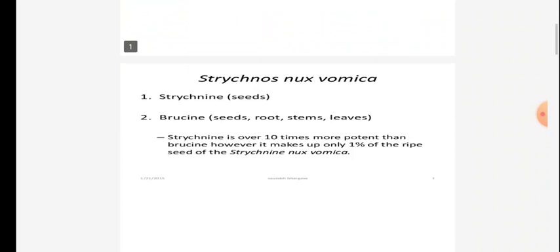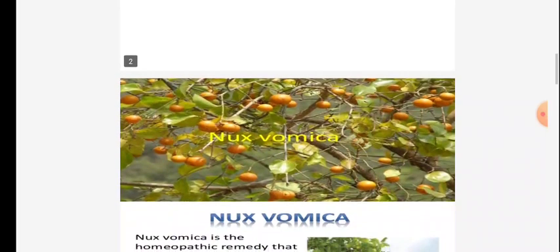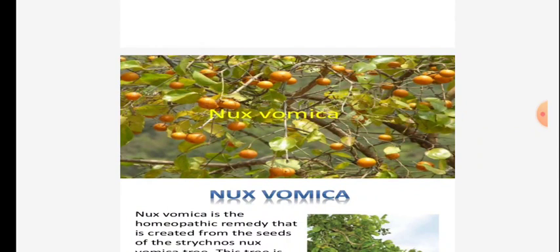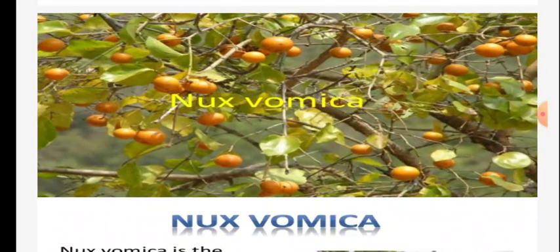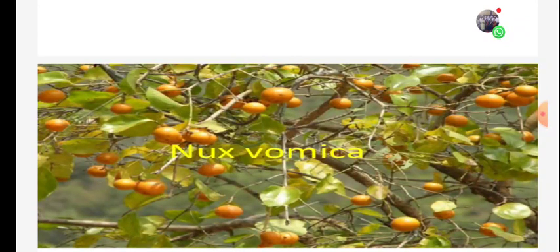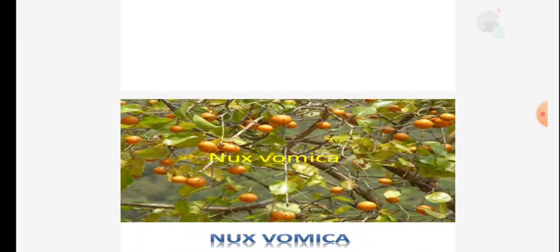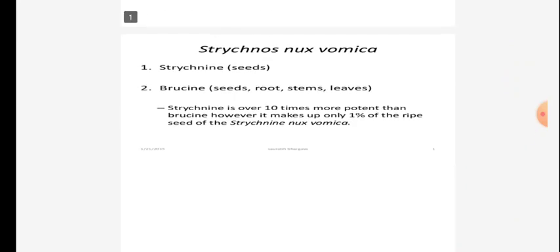So today's example is Strychnos nux vomica. There is a good photograph of this plant. Generally this plant is commonly used for the digestive system. The seeds, roots and stem of this plant are commonly used.